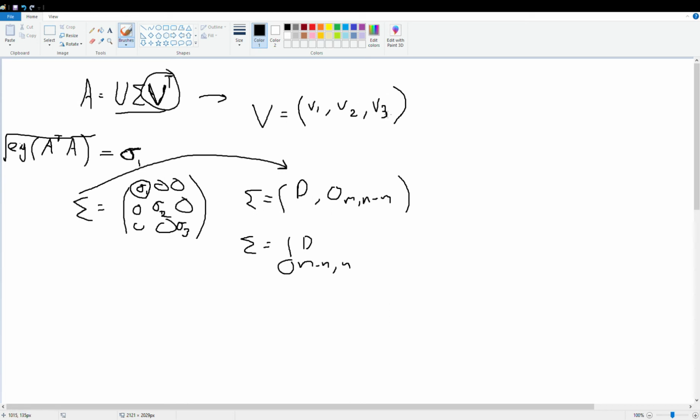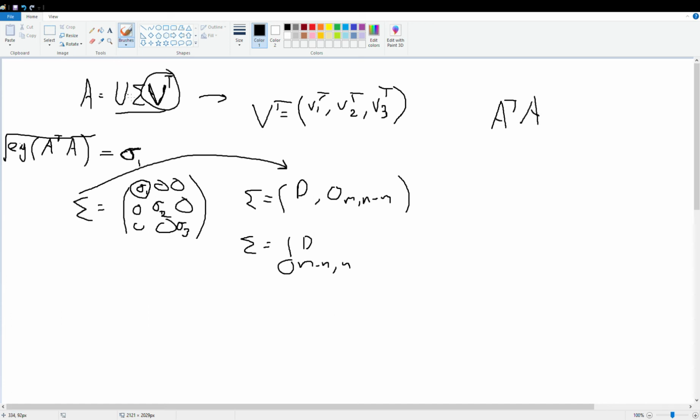And if they're not, this equality will no longer hold. So we just take the transpose of that, so V transpose. So these are just your singular vectors. They can be calculated because they're just the eigenvectors of A transpose A.